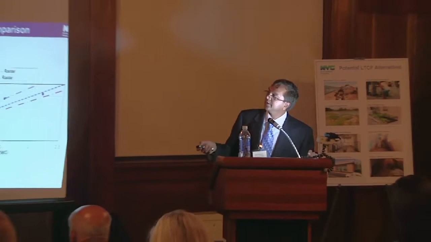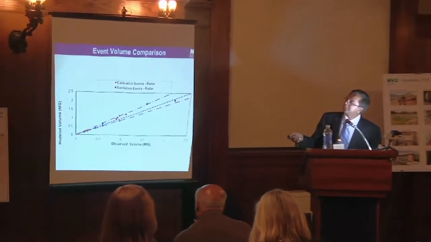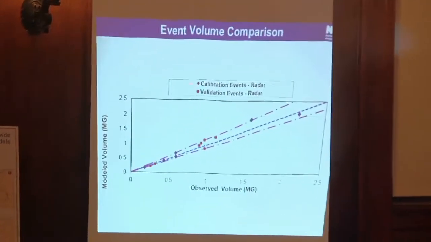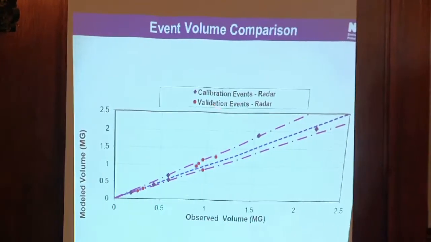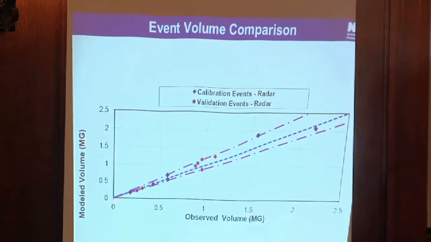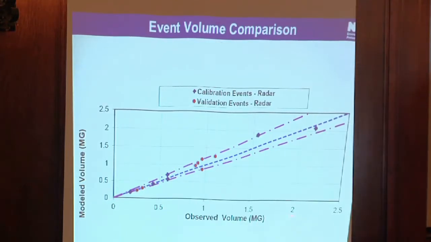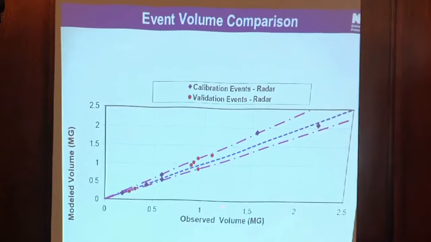So this is an example of the volume comparison. Each one of these dots represents one rain event. The blue diamond represents the calibration event, and the red circle validation. On the x-axis is the total observed volume in the monitoring program.